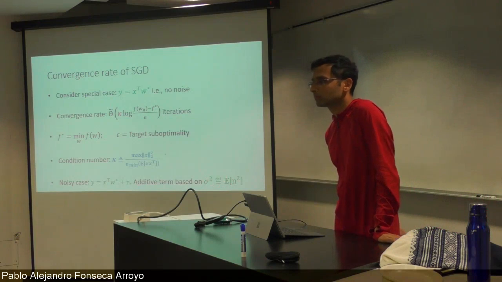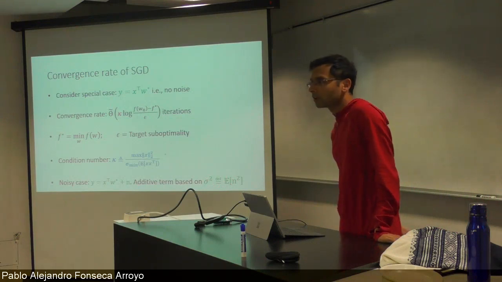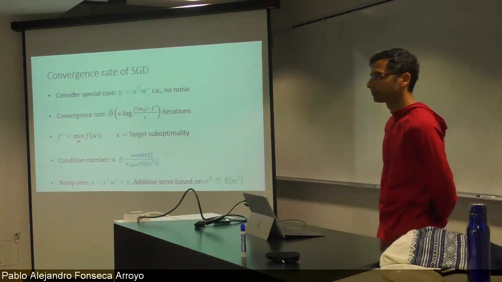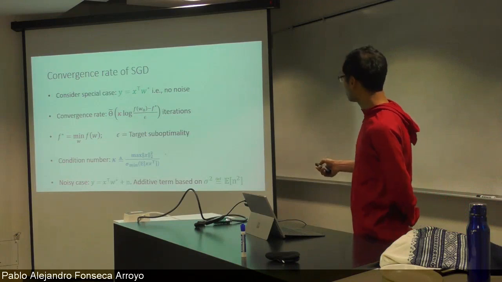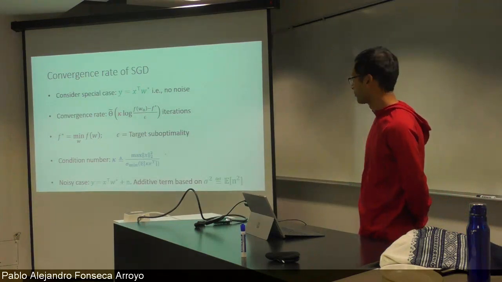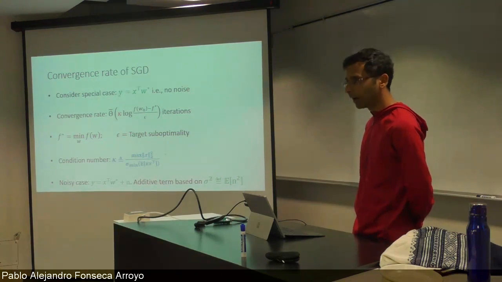Why is there a tilde on the theta? What's hidden in the tilde? Log factors, on log kappa. Is this what's called the realizable case? So this is a realizable case. The no noise case is the realizable case. You have a linear convergence rate because all the gradients decrease to zero as you get closer, so you don't need variance reduction.